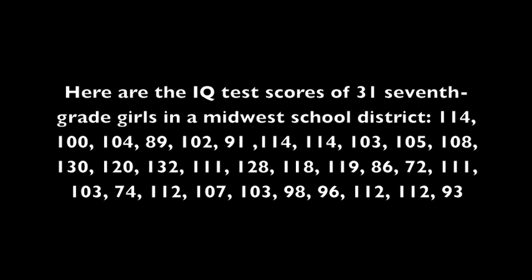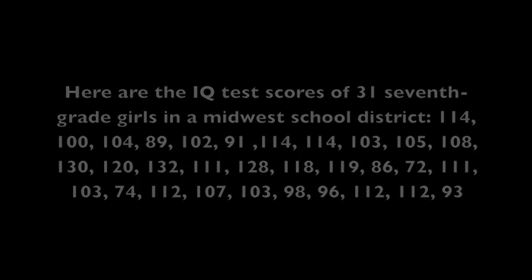Here are the IQ test scores of 31 7th grade girls in a Midwest school district: 114, 100, 104, 89, 102, 91, 114, 114, 103, 105, 108, 130, 120, 132, 111, 128, 118, 119, 86, 72, 111, 103, 74, 112, 107, 103, 98, 96, 112, 112, and 93.